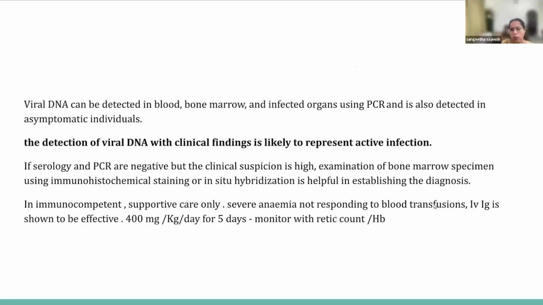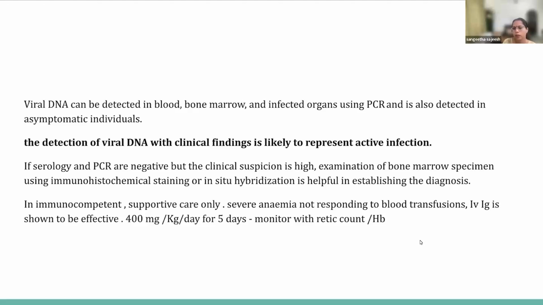Very low reticulocyte count in an immunocompromised patient or a patient with a chronic hemolytic disorder is the scenario where we have to think about an active Parvovirus B19 infection. If the serology or PCR are negative but clinical suspicion is high, we can suggest bone marrow examination using immunohistochemical staining or in situ hybridization, which is very helpful in establishing the diagnosis. In immunocompetent patients, we don't have to treat specifically; only supportive care is enough.